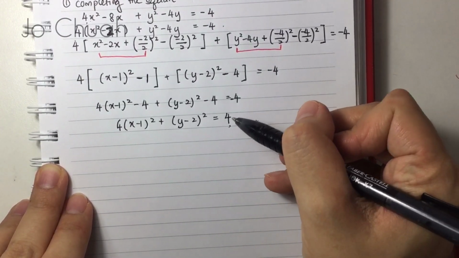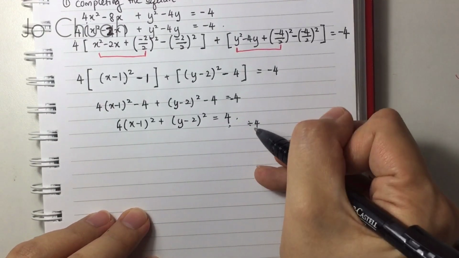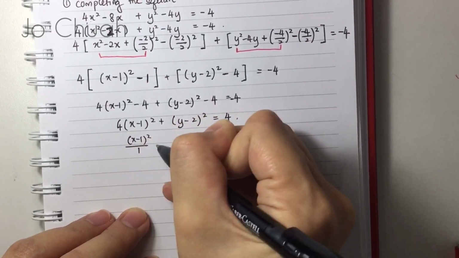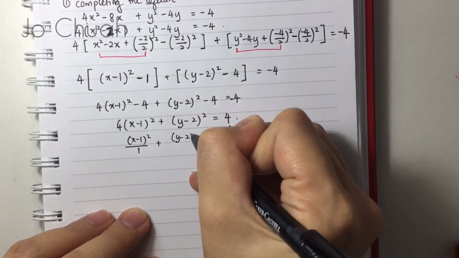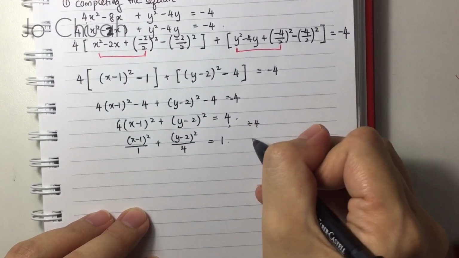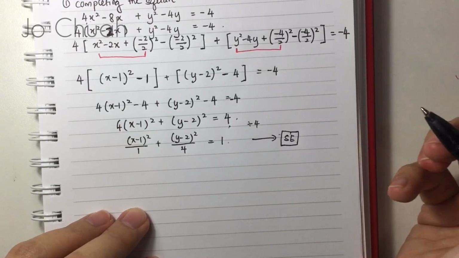So let's say it's some other number here, you have to divide with some other number. So if you divide by 4, you're going to have x minus 1 squared over 1 plus y minus 2 squared over 4 equals to 1. So this is the standard form of an ellipse.